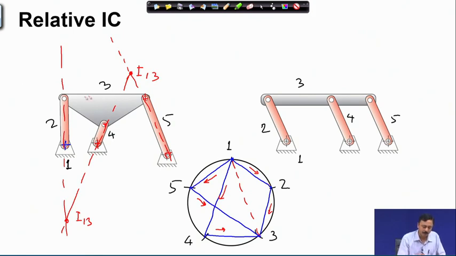Now, a single body 3 cannot have 3 relative instantaneous centers of rotation, then it cannot move. And if you remember, the degree of freedom that we had calculated for this mechanism was 0. So, this is not a mechanism, it is actually a structure.